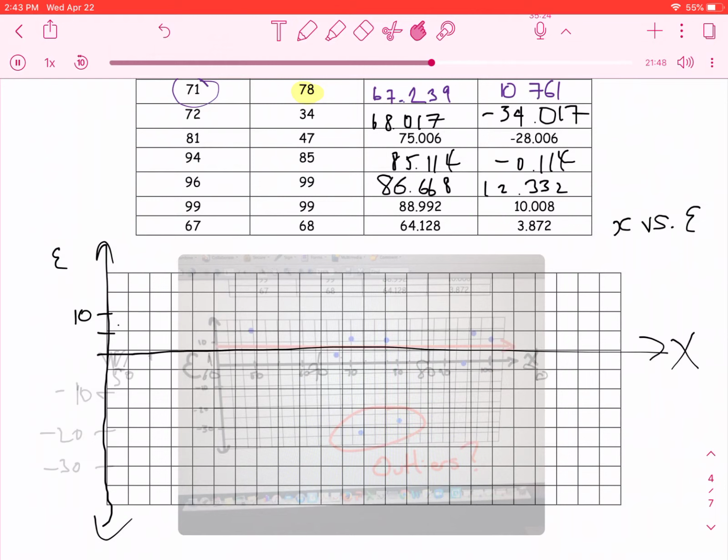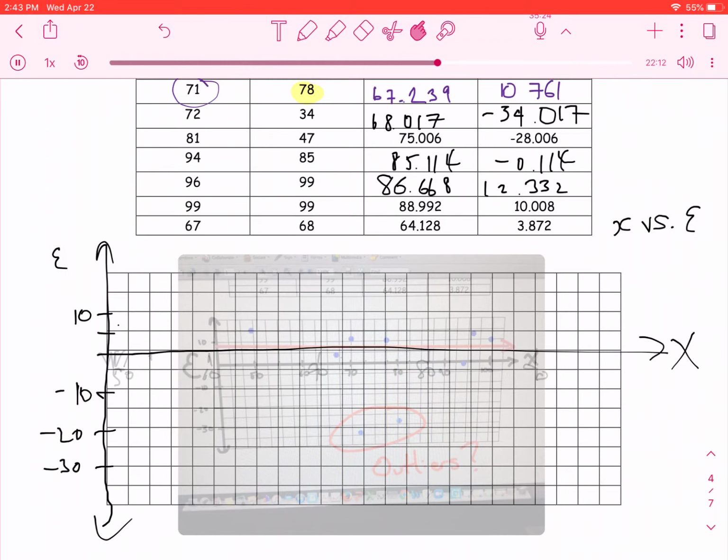And then we'll do negative 10, negative 20, negative 30. Every 2 boxes I'm doing 10 units, or every 1 box is 10 units on the y-axis.